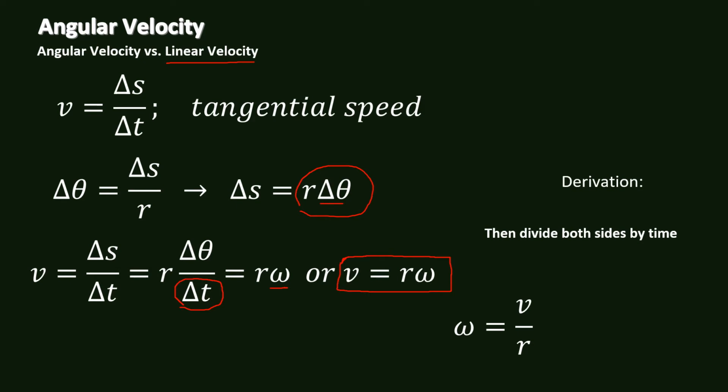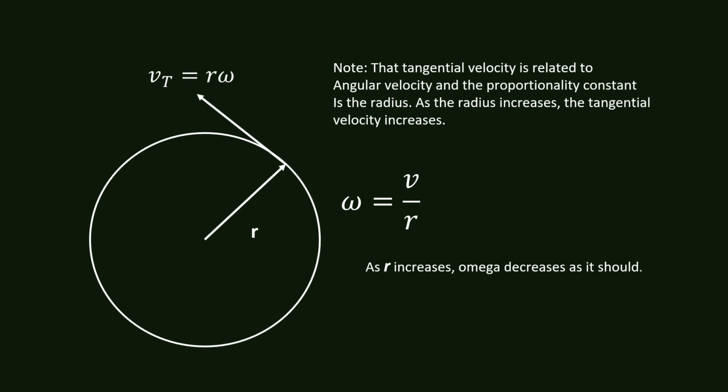Okay, and so right here is an equation that we can use. If we know the tangential velocity divided by its radius, we can find the angular velocity. So showing that we have the r and we have what tangential velocity is, that it is a velocity that vectors off a tangent.